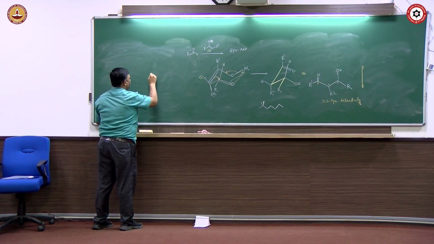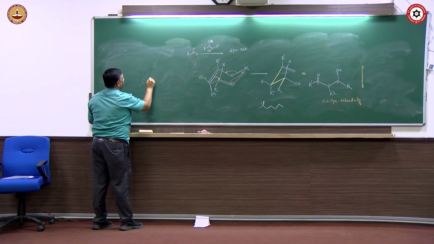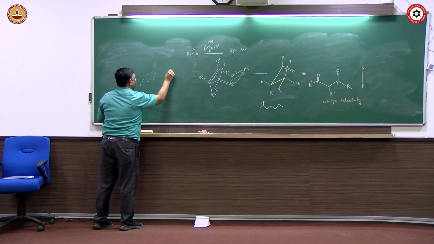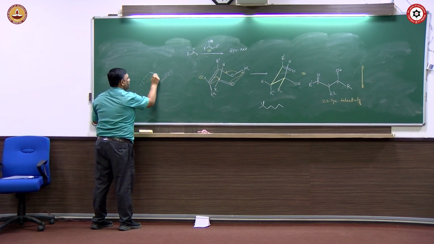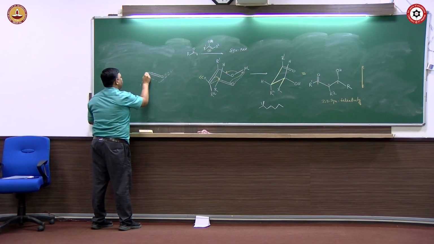You can simply try to draw a 6-member ring, and our goal is to put the aldehyde in the back side.